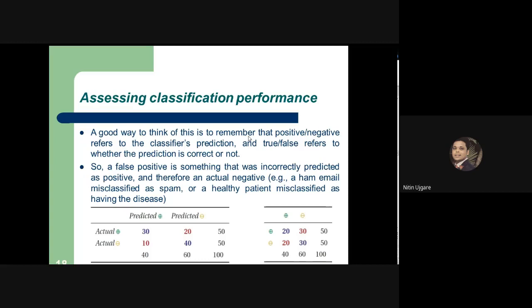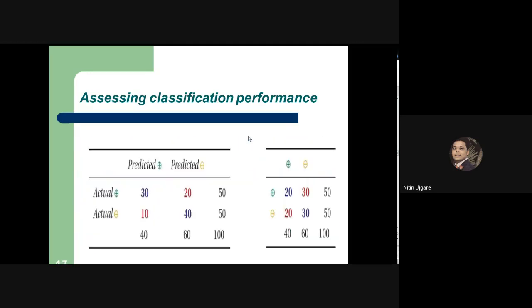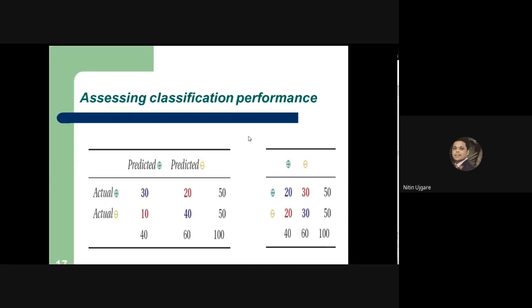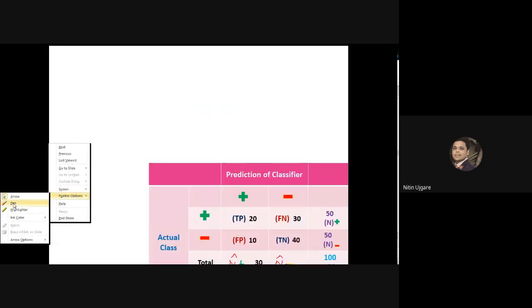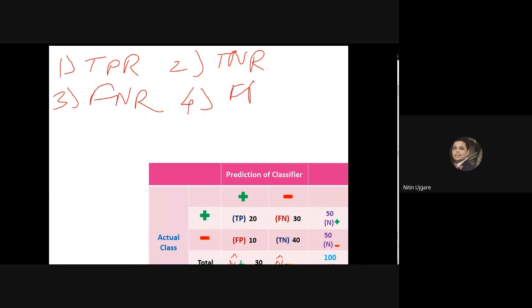So we are going to see this with some examples: the true positive rate, true negative rate, false positive rate and false negative rate. These are what we are going to learn as part of this topic. As part of assessing the classification performance, we will learn the true positive rate, true negative rate, false negative rate and false positive rate.